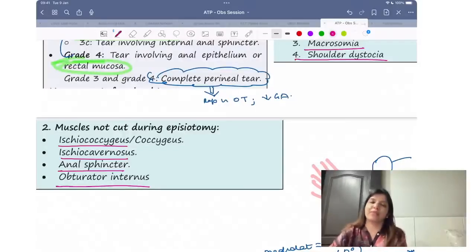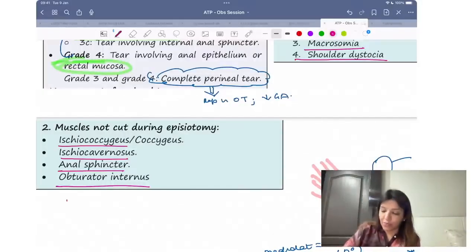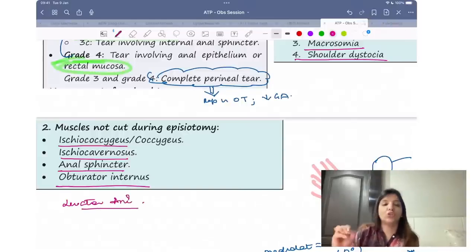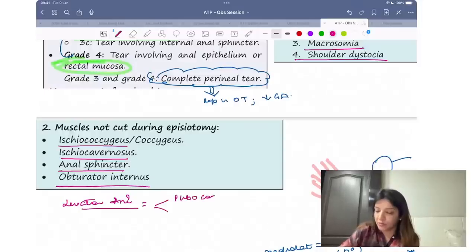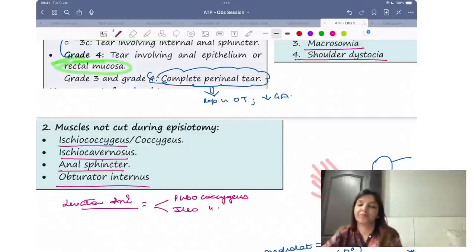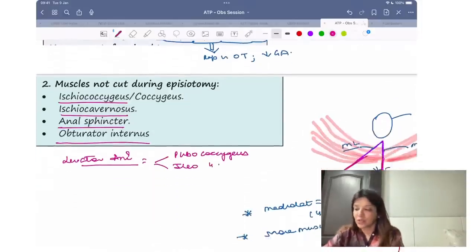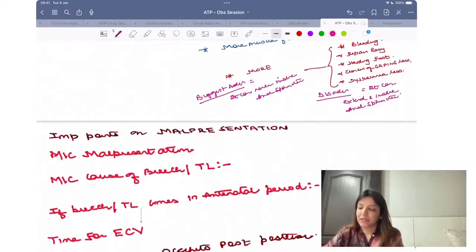So the ischio muscles are not cut during episiotomy. Ischio-cavernosus, ischio-coccygeus, right? All of you should remember that levator ani is made up of only two muscles, pubococcygeus and iliococcygeus. Clear? Right. So this is about episiotomy.